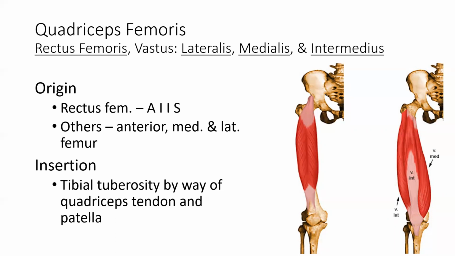And vastus intermedius has a strictly medial origin site. You can see here on this image on the right, vastus lateralis moves lateral on the femur, vastus medialis medial on the femur, vastus intermedius medial on the femur, or kind of through the middle of the femur, middle and medial. And then rectus femoris runs superficial to the rest of the quadriceps muscle group.